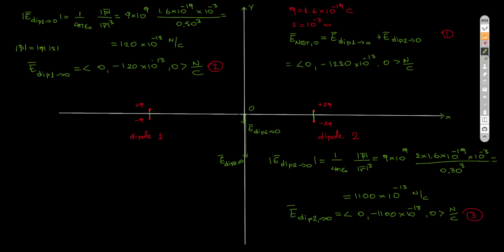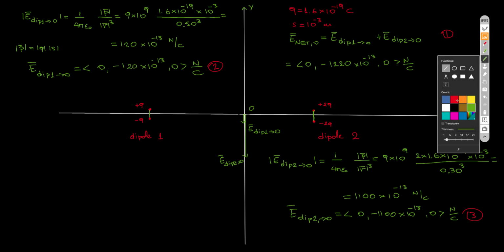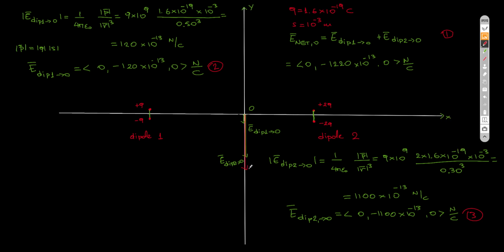And that means the net electric field points in the negative y direction, and it's going to be an arrow that looks something like this. Okay, so this will be E net at the observation location. This is the sum of the short arrow pointing in the negative y direction and the longer arrow pointing also in the negative y direction. So this is the net electric field at O.